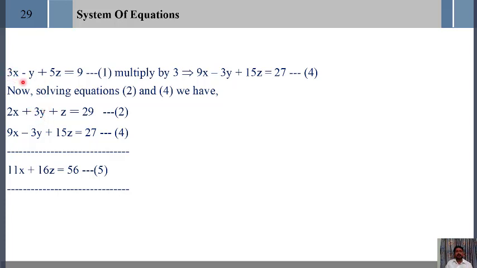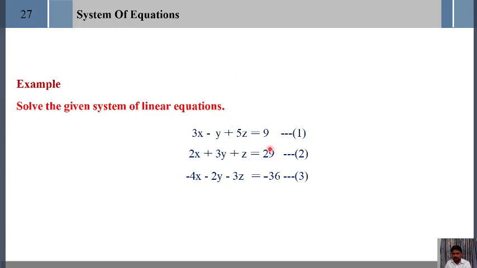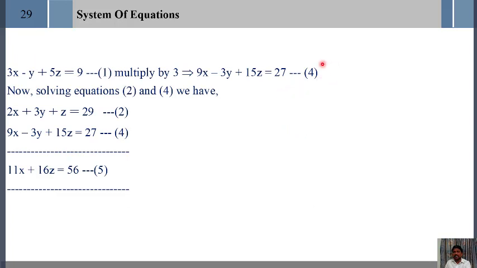That is why I have multiplied equation 1 by 3, and I named the resultant equation equation 4.